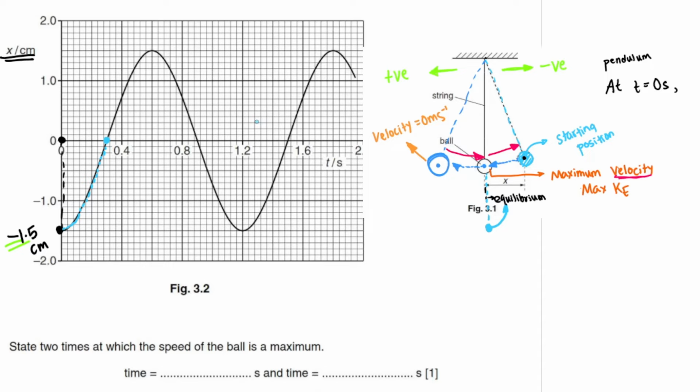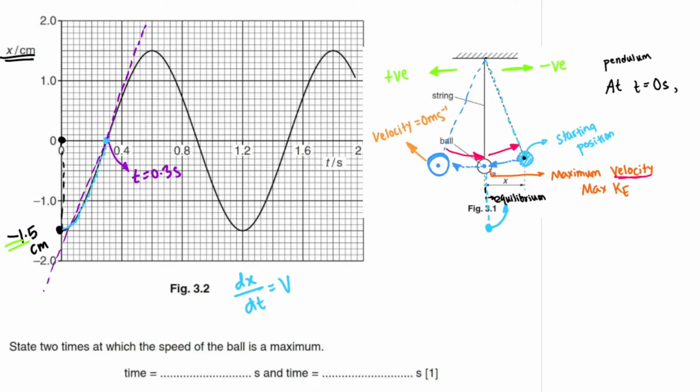Well, we know that the gradient of a displacement-time graph is velocity. If we were to draw a line to represent the gradient at the point where the object returns to the equilibrium position, we can see that it has the greatest gradient at that time. So this time is t equals 0.3 seconds.